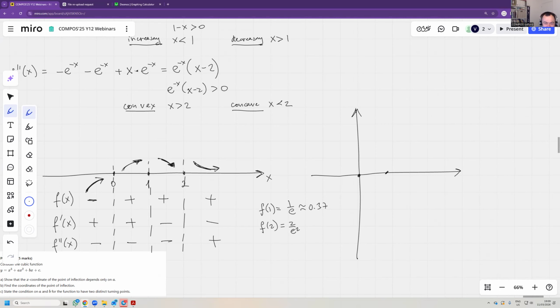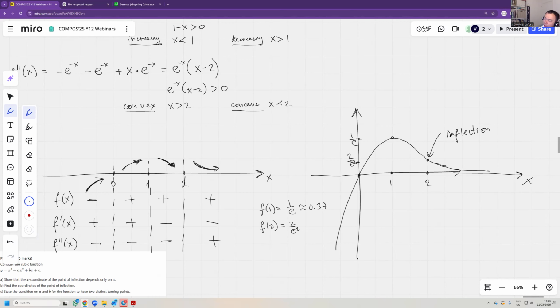So we have 0, 1, and 2. 1 is 1 over e, 2 is 2 over e squared. And here, it's increasing like this. This is a maximum point. And this is a point of inflection.